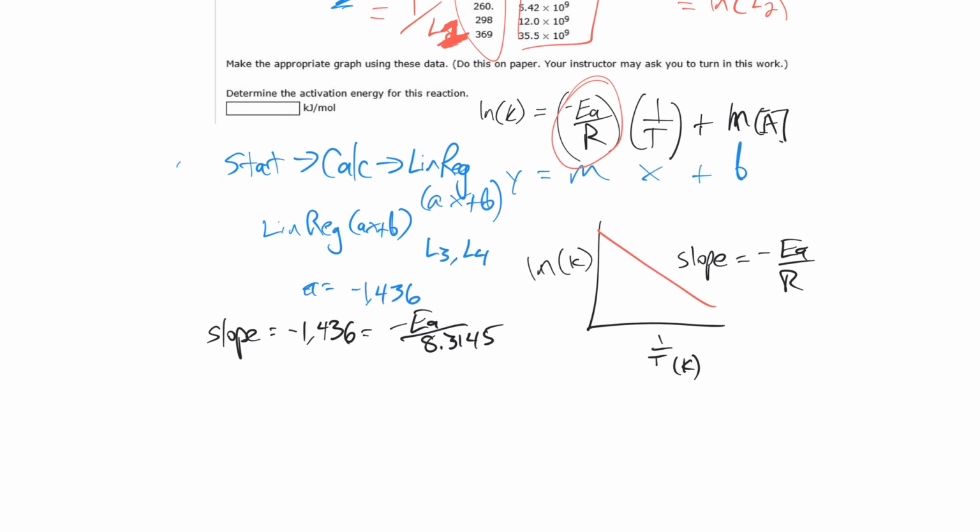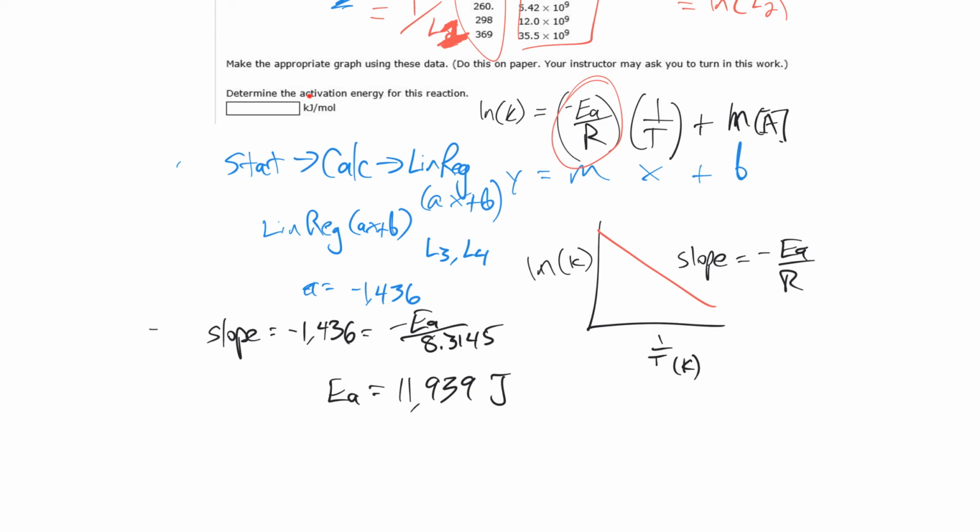And if you multiply negative 1436 by 8.3145, the activation energy, the negative signs cancel out, and we get 11,939 joules is the unit it will come out in.